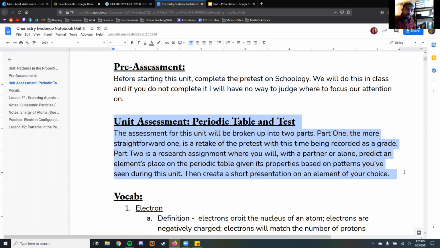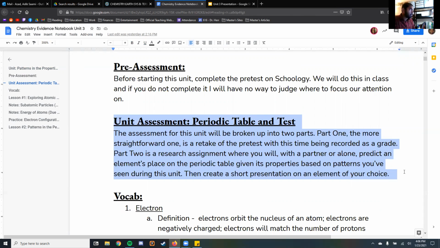You're going to get an understanding of these properties as we go through the unit, but that's basically the gist of it. Attached to that half of the assessment is also a short presentation you're going to make on an element of your choice, alone or with a partner. More information about this will be given out about midway through the unit, so I suspect on Monday or Wednesday of week 3.